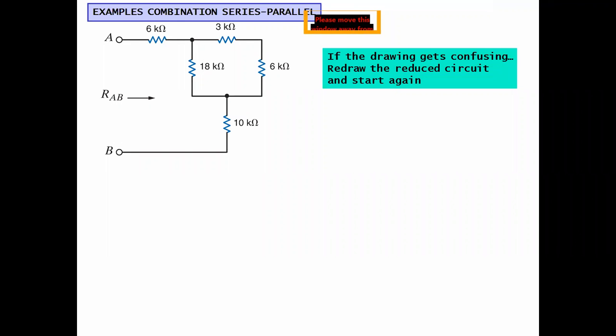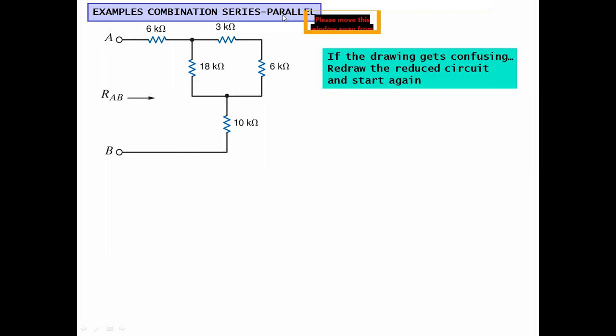Here again we have to calculate the equivalent resistance between terminal A and B. The first step is to observe the circuit diagram and identify which elements are connected in series and which are connected in parallel. So let us see how to solve this problem.